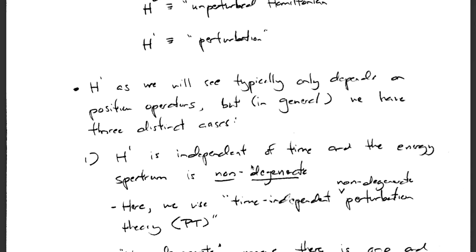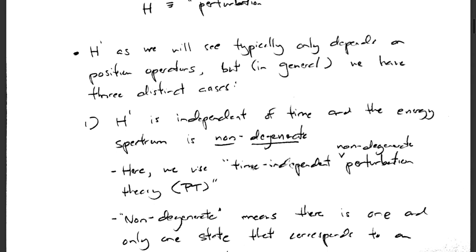The first one is the one we'll tackle first, and it's called time-independent perturbation theory. And time-independent perturbation theory can be broken into two subcategories. One is the case where you don't have any degeneracies in your energy spectrum. That's what we call time-independent, non-degenerate perturbation theory.